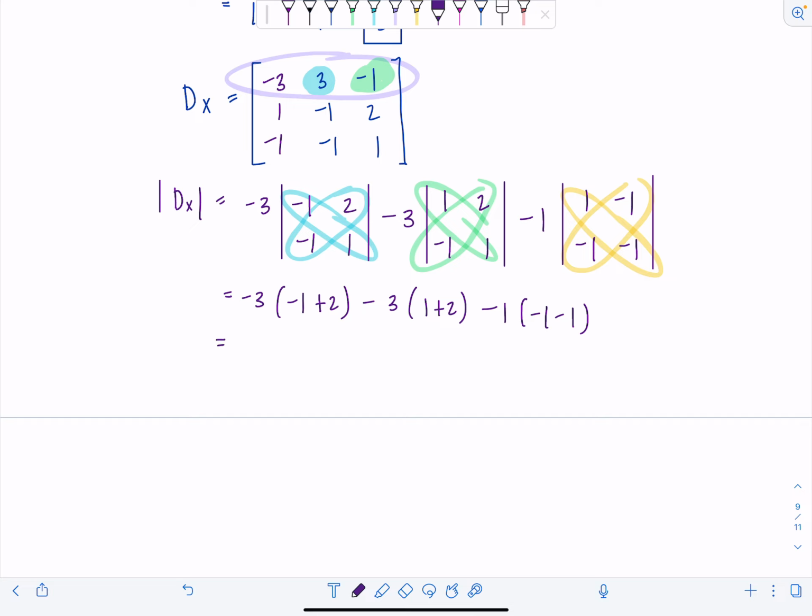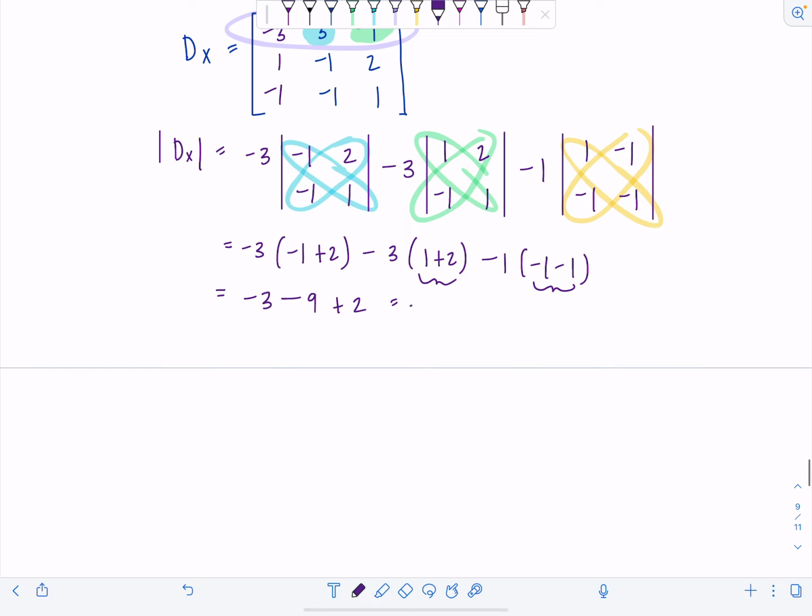So we've got -3 times 1. Minus 3 times, this is 3, so minus 9. Minus 1 times -2, so plus 2. That's -12 plus 2, which is -10.